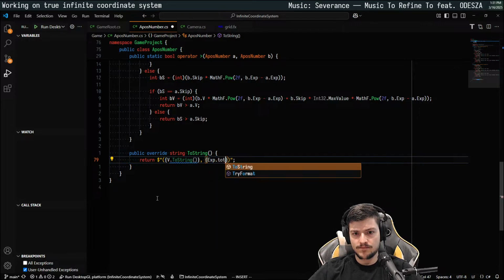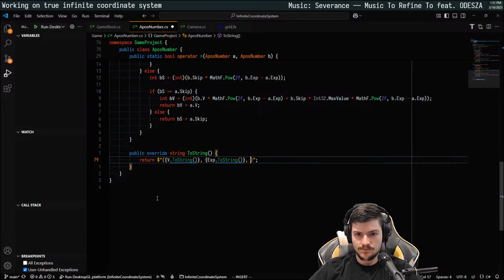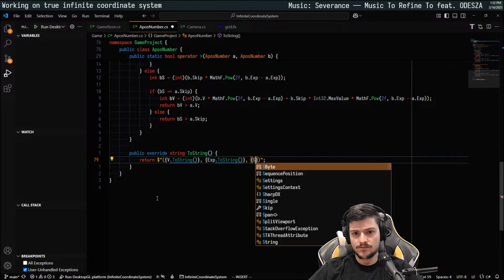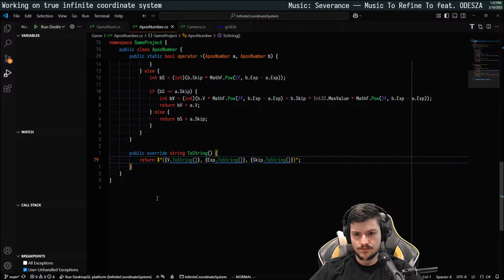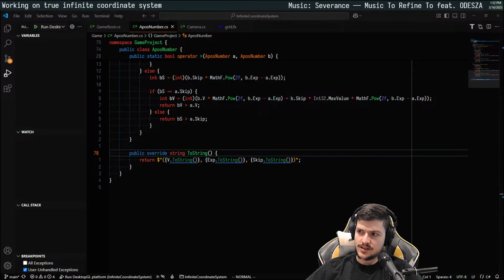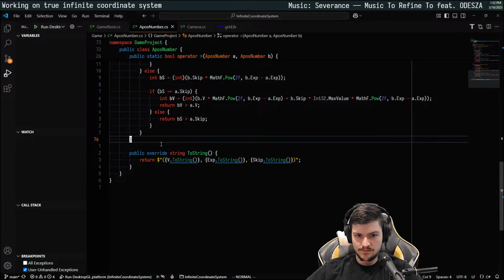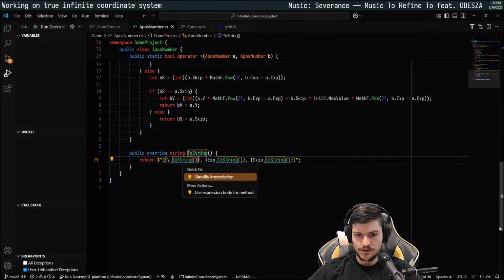Oops. Is there like a utility function for that? Guess not. Oh, true.